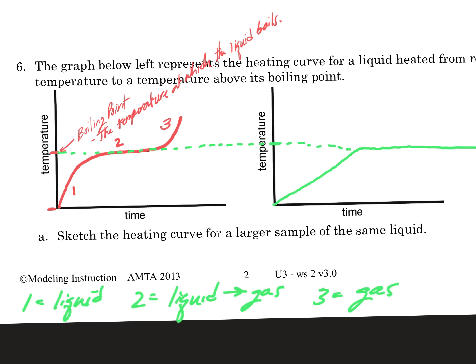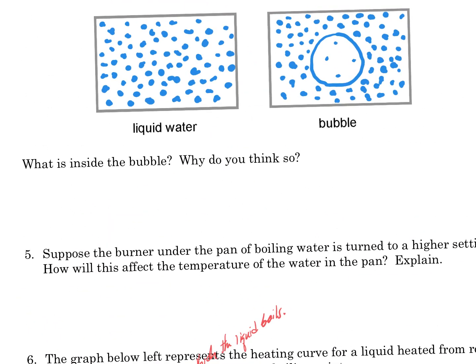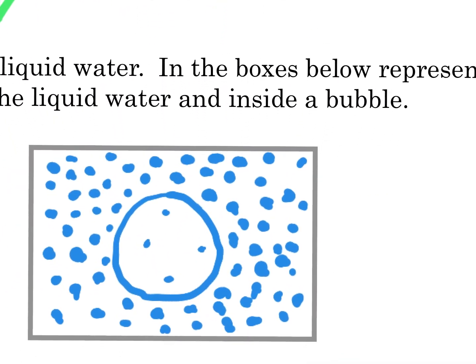And then just talking through what we already know about the difference between liquids and solids and gases. In the liquid phase, the particles are close together and moving around each other. We've known that for a long time. During part 2, the liquid and the gas, we're really going to see a lot of this going on, right?